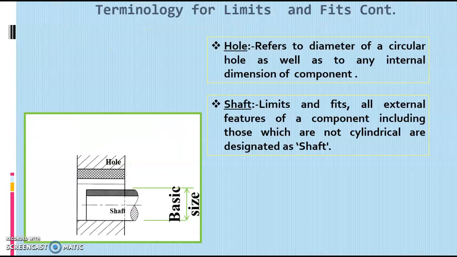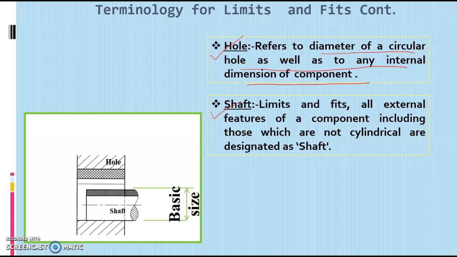Next in the terminology, we will discuss what a hole is and what a shaft is, because in the limits and fit system we very often use these terms, hole and shaft. Hole refers to the diameter of a circular hole as well as to any internal dimension of a component.